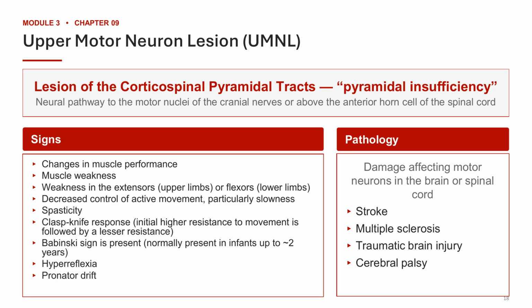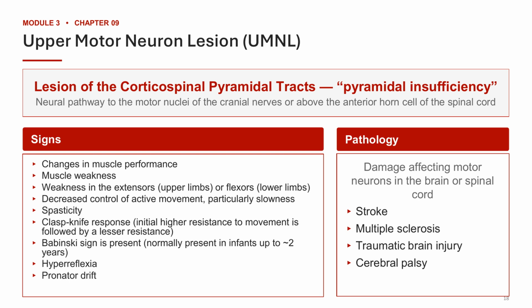Let's put the upper motor neuron lesion into examination findings, what you will actually see and feel. The lesion is of the corticospinal pyramidal tracts, sometimes called pyramidal insufficiency, anywhere along the pathway to the cranial nerve motor nuclei or above the anterior horn cell of the cord.